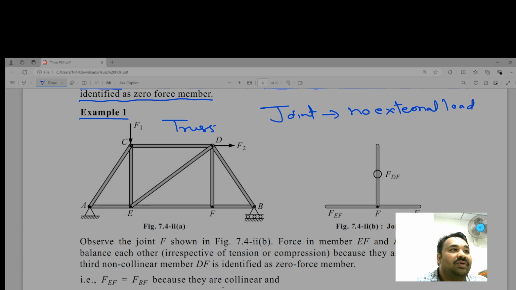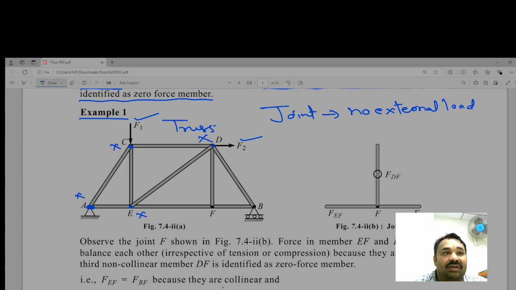Here joint A, no external loads, but only two members are there. Here three members are there, but external load is here, so not to consider this joint. And the joint E, four members are there, so not to consider this joint. Joint D, you can see external force, this one is there, so not to consider this joint.